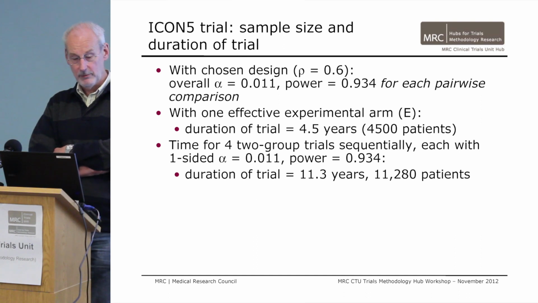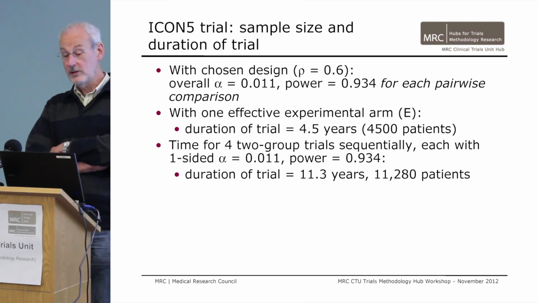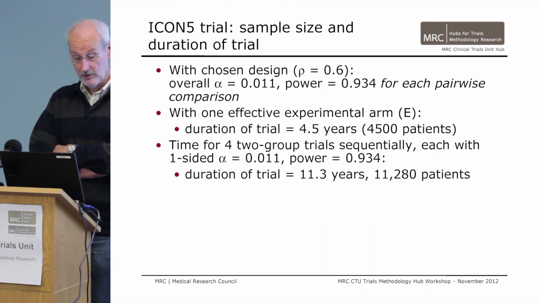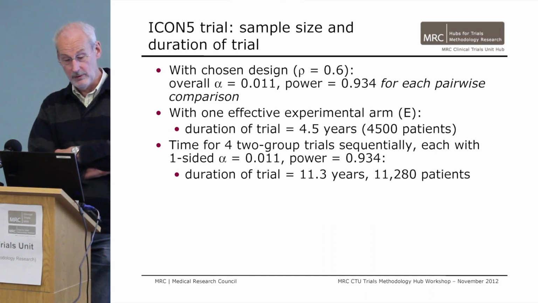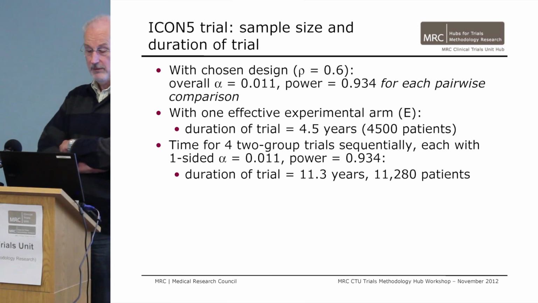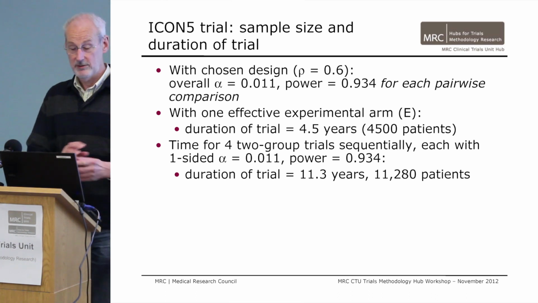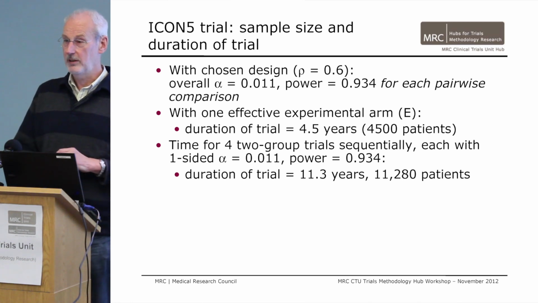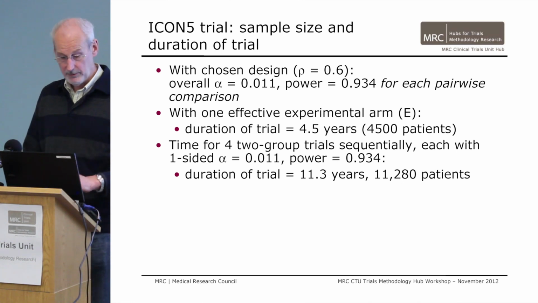But if you said, I want to do 4 two-group trials sequentially, one after the other, to test all these 4 comparisons against control, each on its own with a one-sided significance level of 1.1% and power of 0.93, then it would take over 11 years and over 11,000 patients. So this is a crude description of how you might save an awful lot of time and a lot of patients with the MAMS approach.